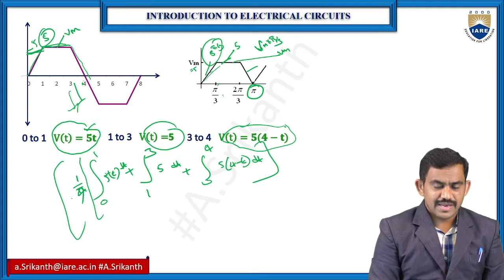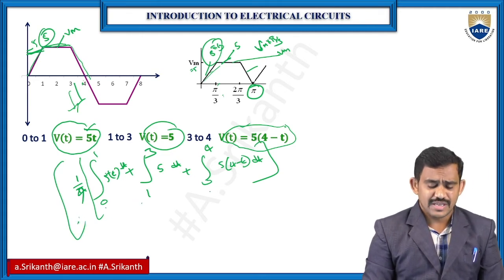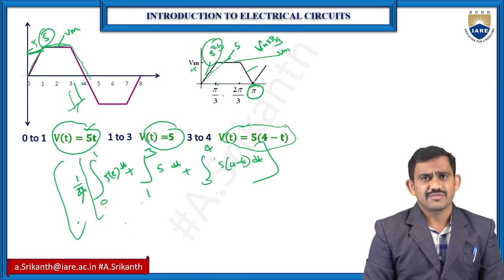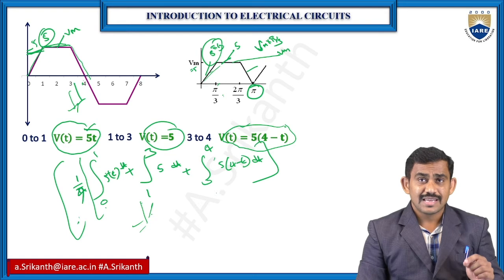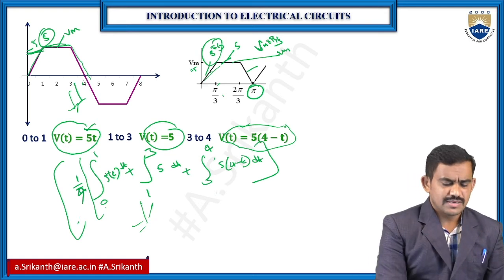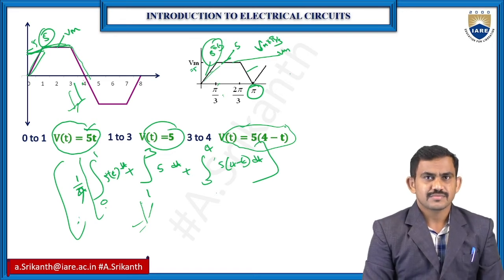But your total time period is 1 by 4. 0 to 1 has a different equation, 1 to 3 a different equation, and 3 to 4 a different equation. If you solve these equations, we have the answer. This is about the square wave; not only the square wave, the triangular wave and sine wave are the same, with different answers.